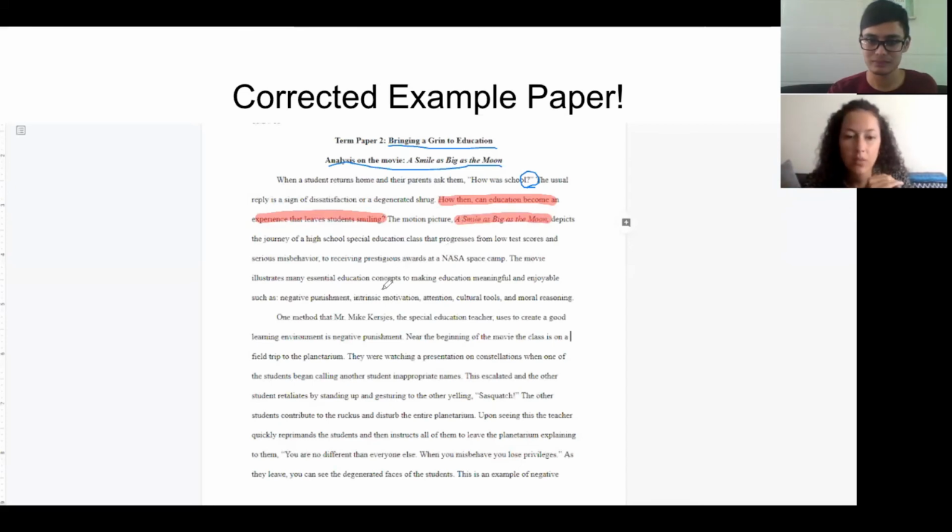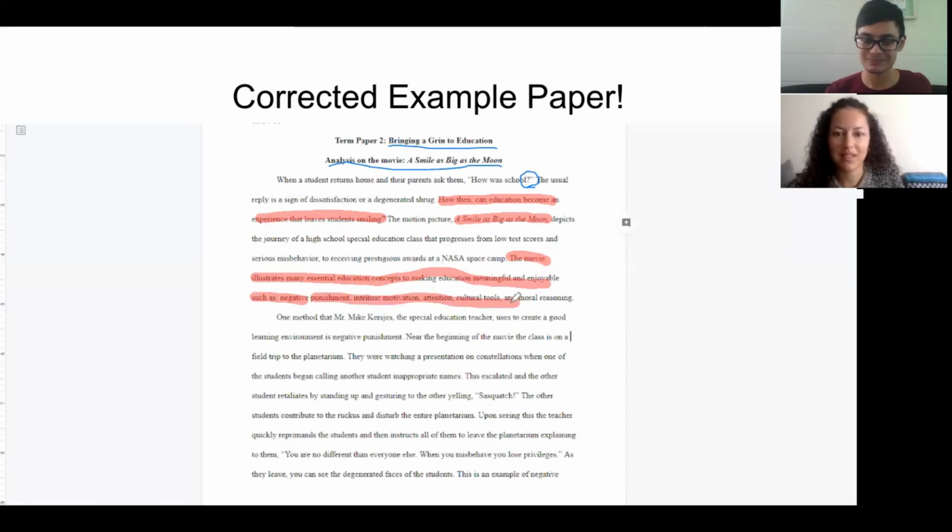And now if we look at how they set up their thesis statement, we can find the thesis statement in the last sentence of the introduction paragraph. And sorry for my terrible scribbling on this paper. But let's just focus on this sentence, the thesis statement.